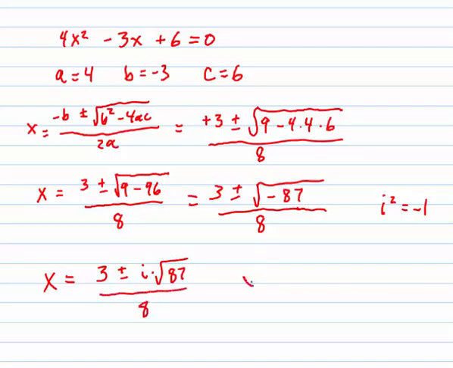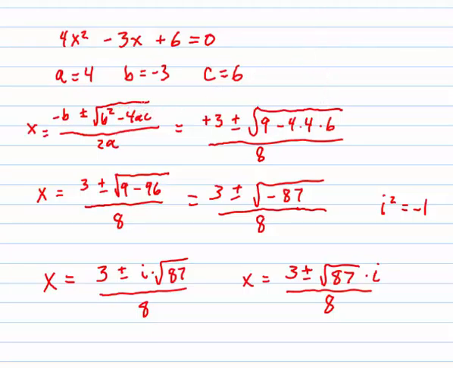And actually it's more typically written as 3 plus or minus the square root of 87 i, where the i is on the outside of that square root, all over 8.